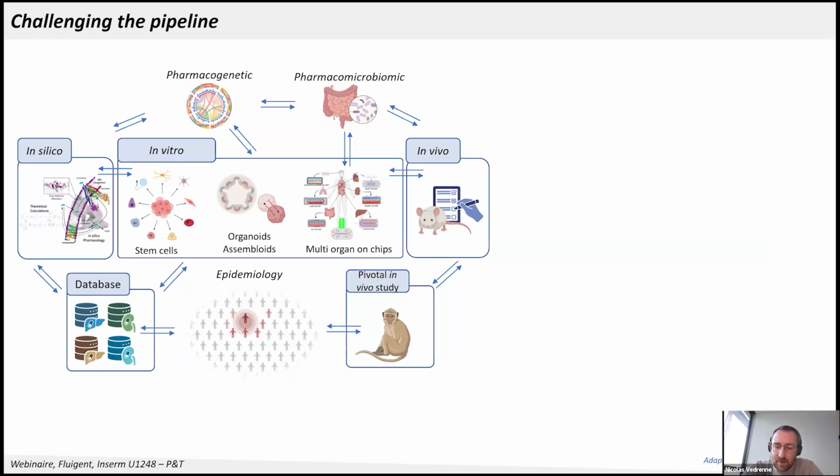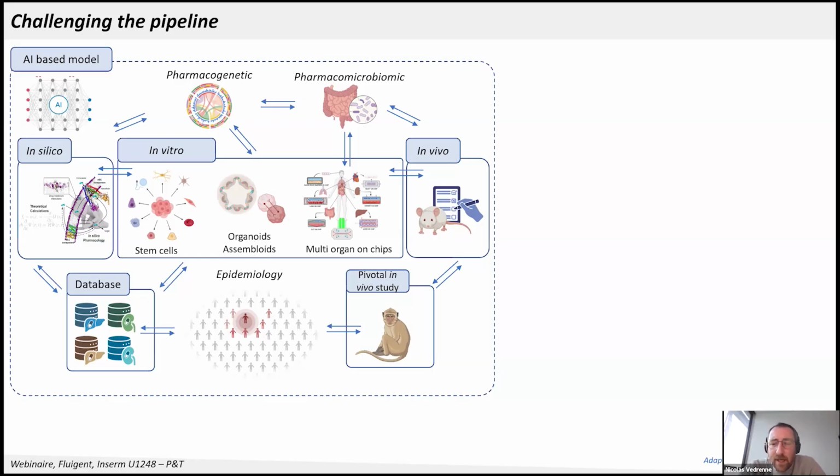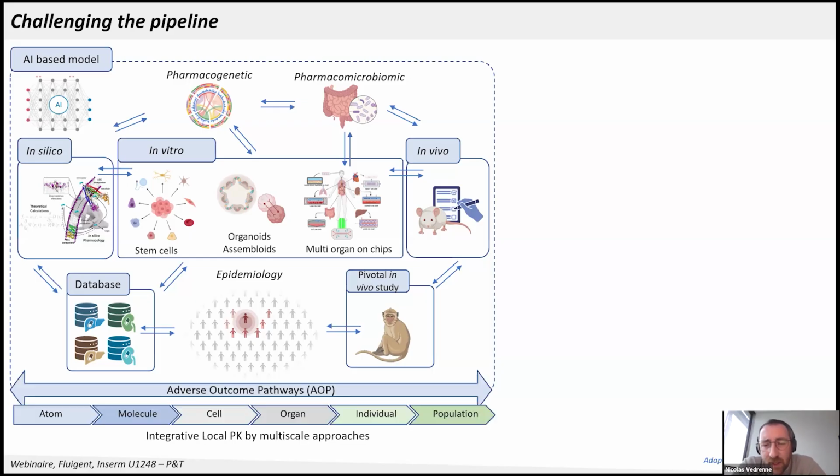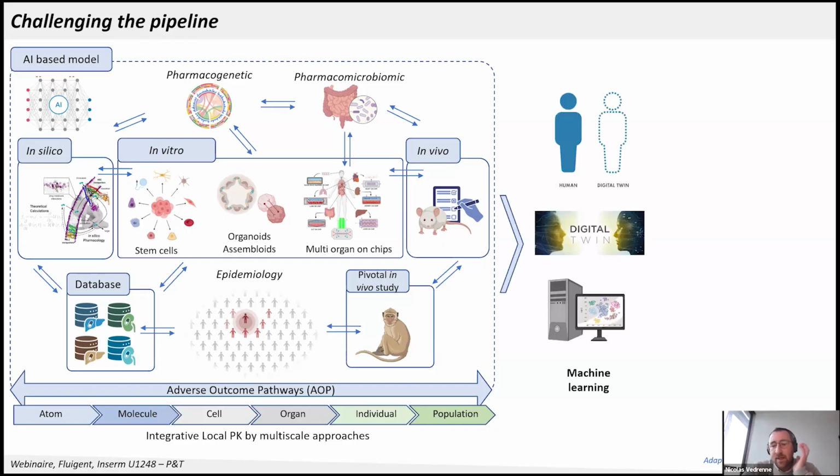At the same time, machine learning methods will help researchers map adverse outcome pathways across many levels, from molecules and cells to organ and whole individual. So this multi-scale modeling approach supports the development of a virtual patient or digital twin that can simulate how compounds behave in different disease states, organ function, or combinations, or different treatments.